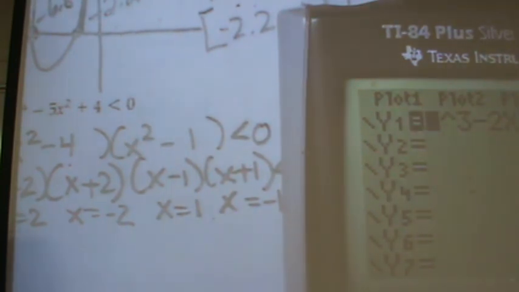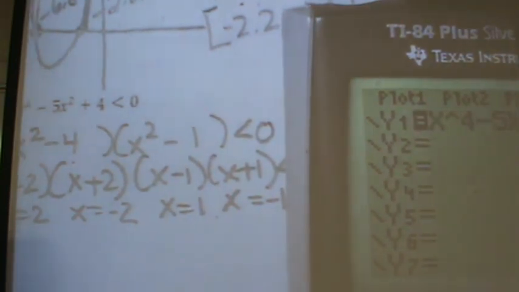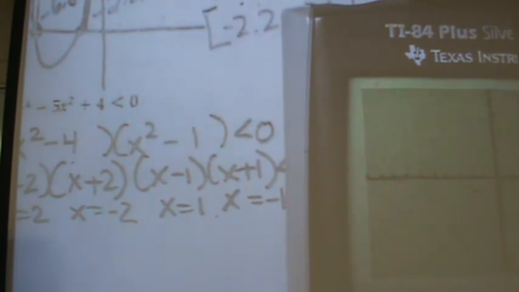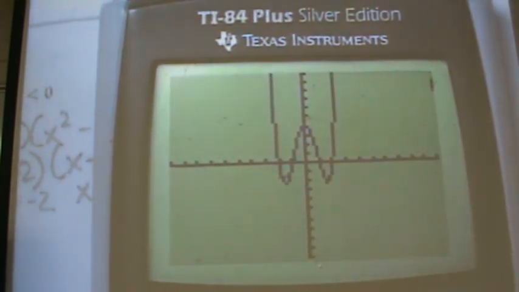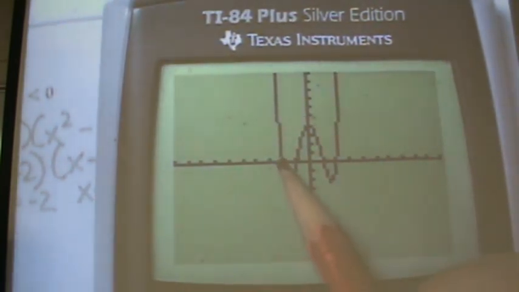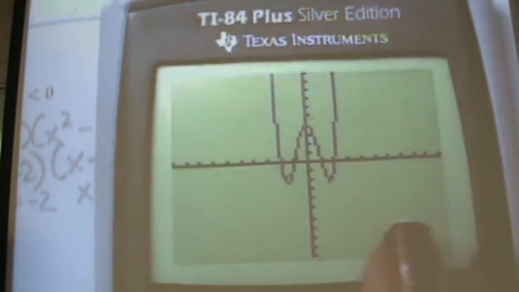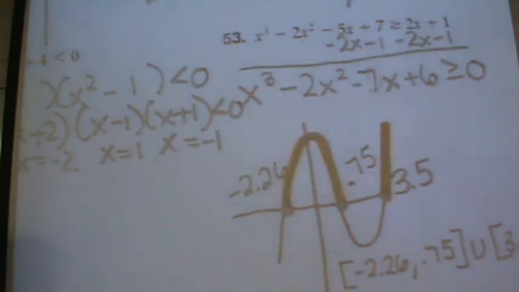So if we sketch this graph, x to the 4 minus 5x squared plus 4 should look like a W. And it's hitting at negative 2, negative 1, 1, and 2. So it looks like a W.